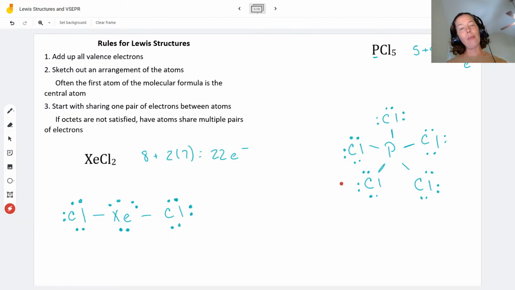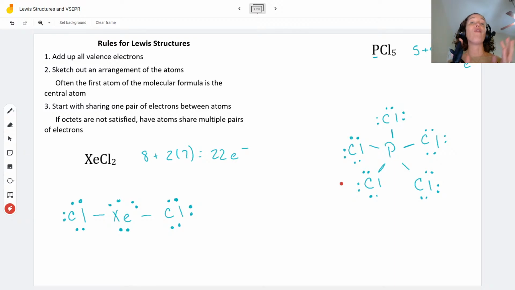But when you have double bonds and triple bonds, what you'll find is you put all the electrons in and you've got some atoms that maybe only have 4 electrons around it or only have 6 electrons. So when you run into that, you want to make the atoms share more electrons. So instead of just sharing 2 electrons with a single bond, bump that up to a double bond.